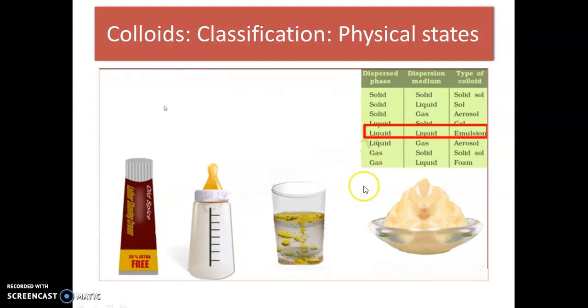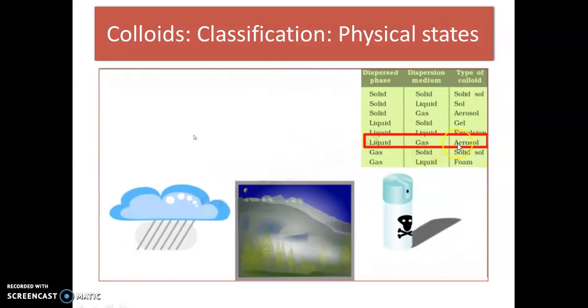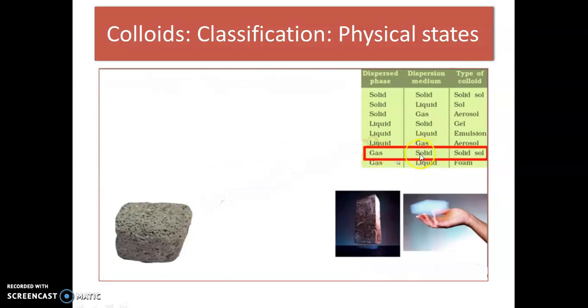These all are examples of emulsion. Next, liquid in gas, that is also known as aerosol, and a common example is moisture, or you can say cloud. Next is gas in solid, that is known as solid sol.